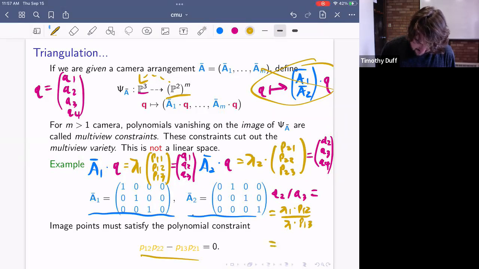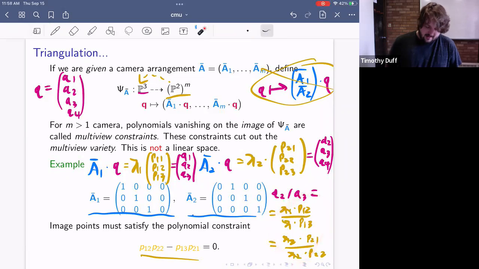That's coming from the first image. And coming from the second image, I'll get lambda2 times p21 over lambda2 times p22. And now the important point is that these lambdas cancel. And if I cross multiply this whole thing, I'll get this quadratic constraint that needs to hold among the image coordinates.